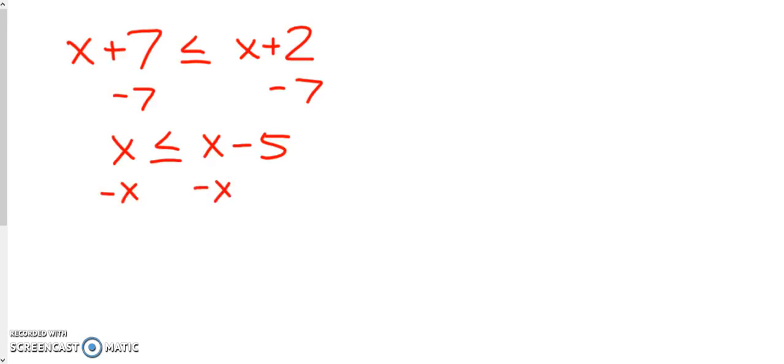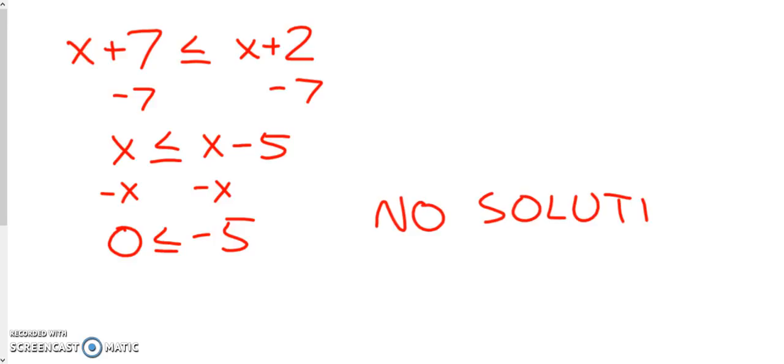What's x minus x? 0. 0 is less than or equal to negative 5. That is not true. Guess what that means? There is no solution. Or if you want, you can write the symbol for the empty set.